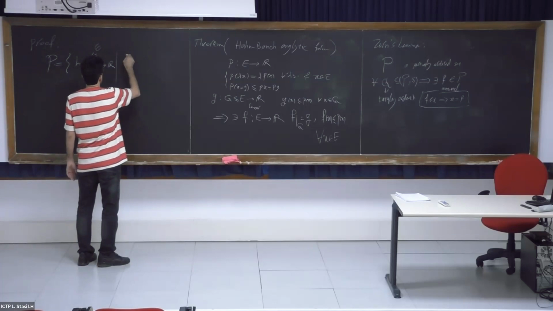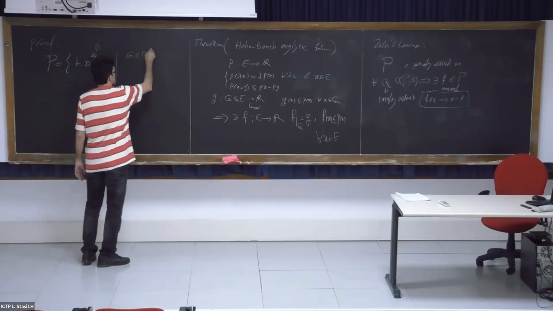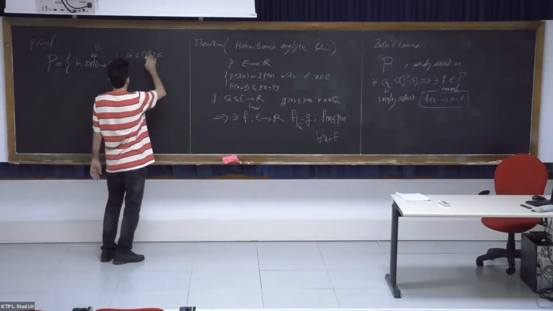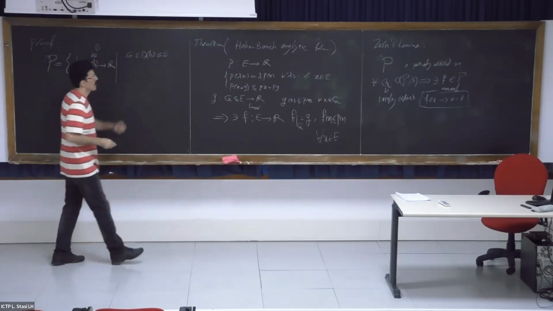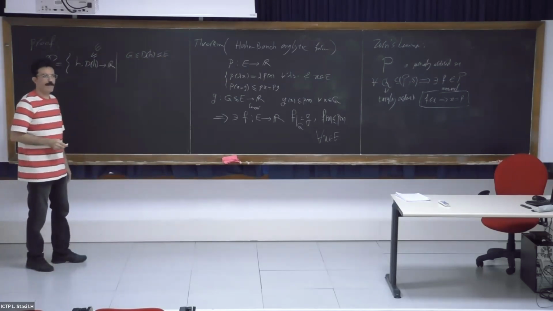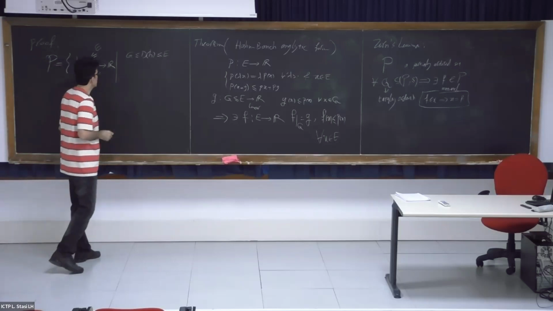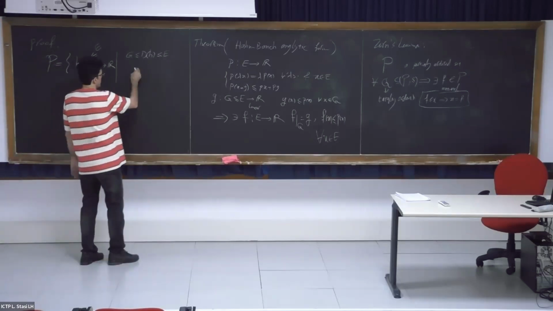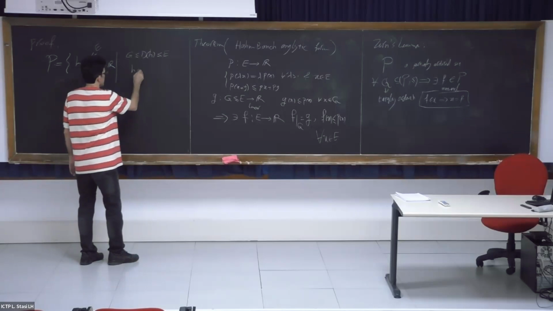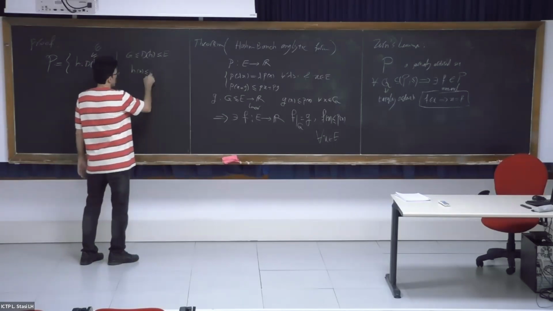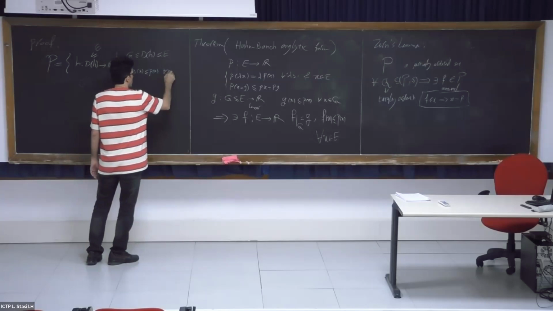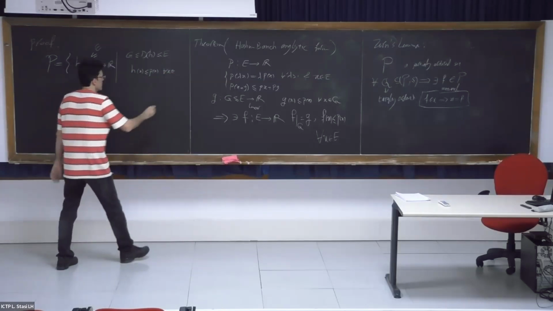First, G is a subspace of D of h, and obviously it is a subspace of E. And we have this property for h: h of x is less than or equal to P of x for all x in the domain of h.